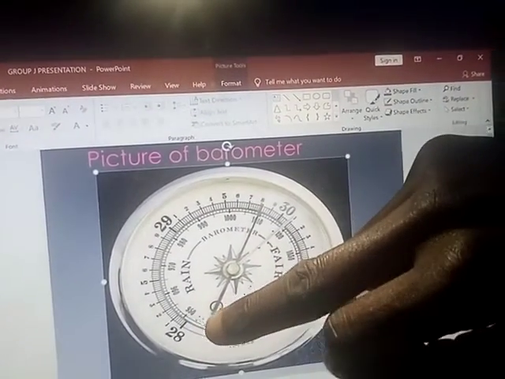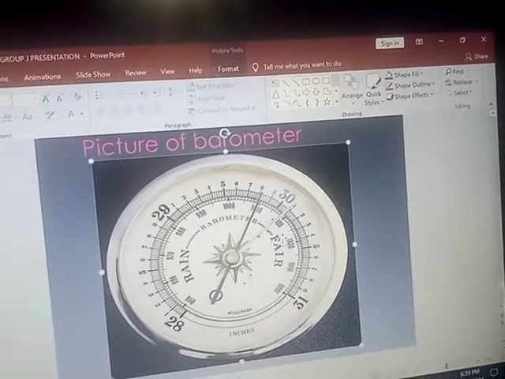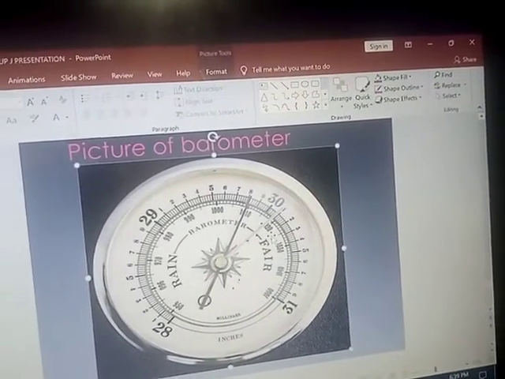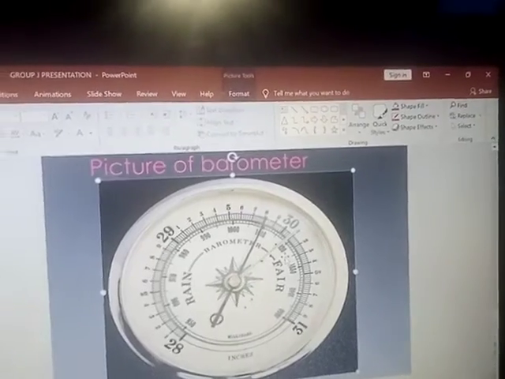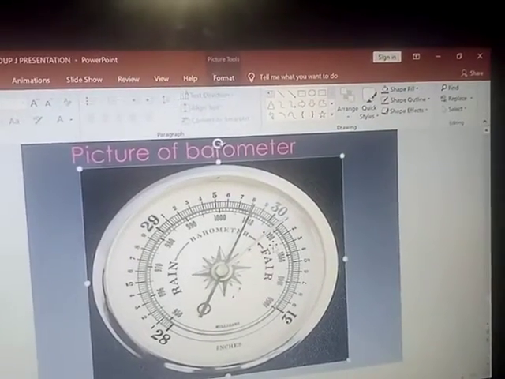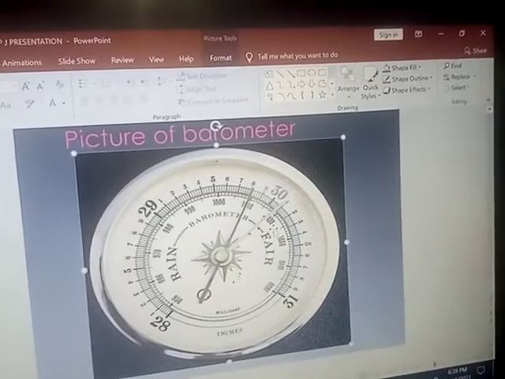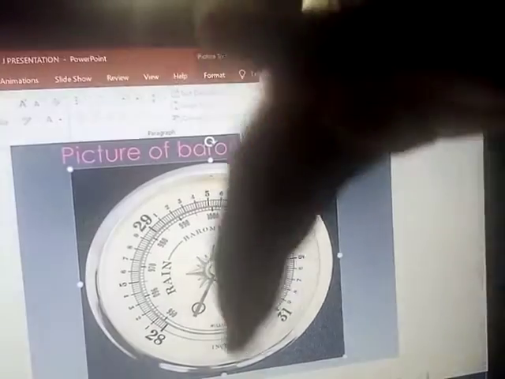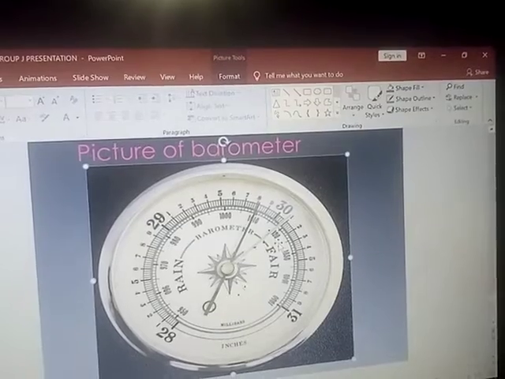Here it is at 28, and it will move coming down. The 28 means that the air pressure in the area where it was taken was 28. But when there is a change in place or altitude, it will move either down, backward, or forward, and that is how it works.